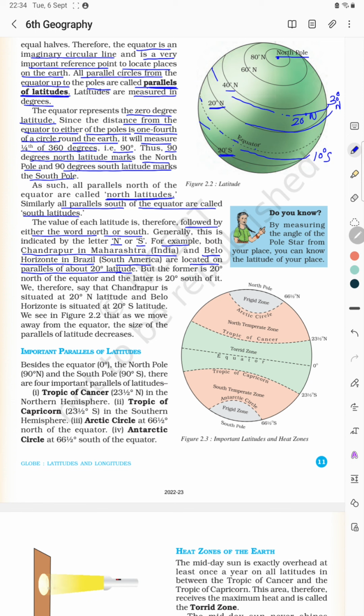So Chandrapur in Maharashtra is 20 degrees north of the equator, and Belo Horizonte is 20 degrees south of it. To locate their position we have to denote 20 degrees north or 20 degrees south.